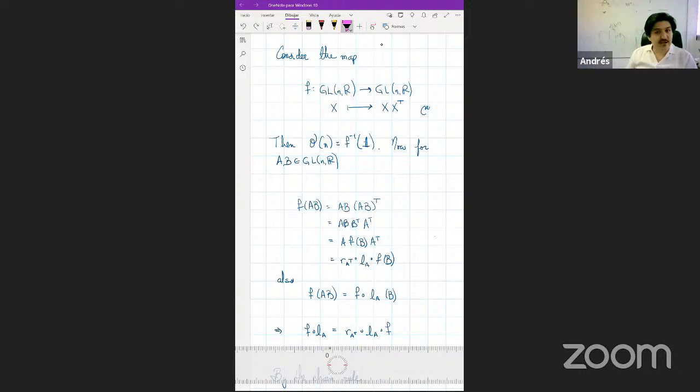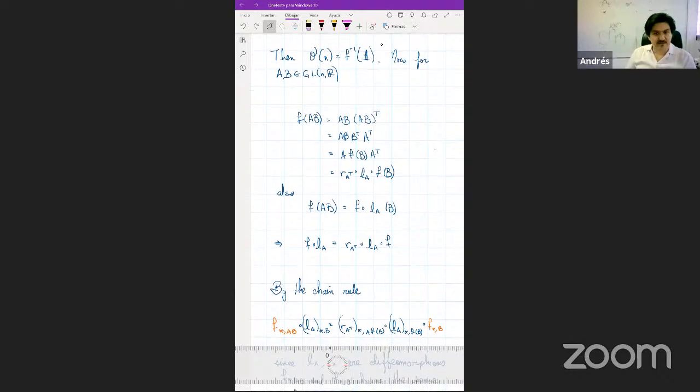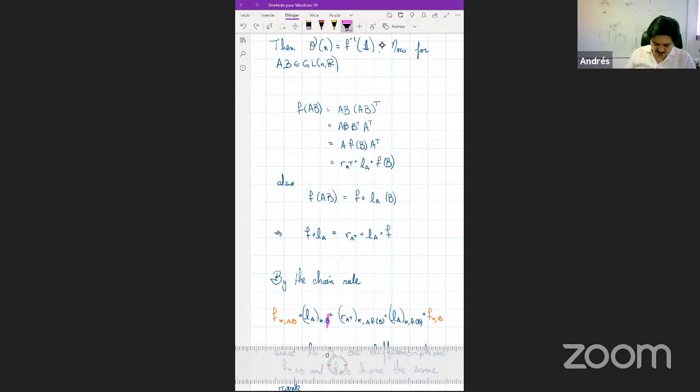Well, let's compute the differential of f using this identity here. The left-hand side is this. I'm computing the differential evaluated at V. I use the chain rule and I have this. On the right-hand side, I put V, then goes this, and this.